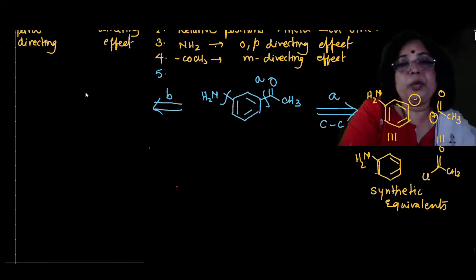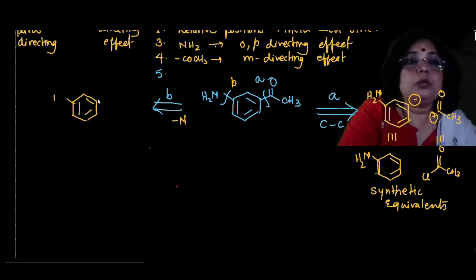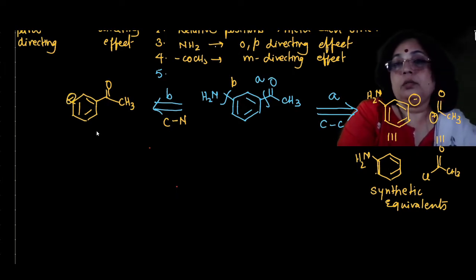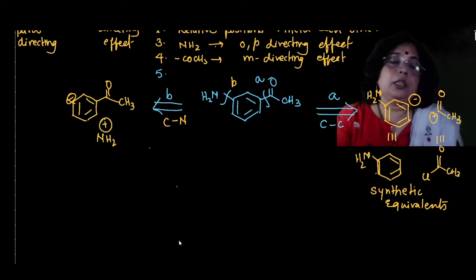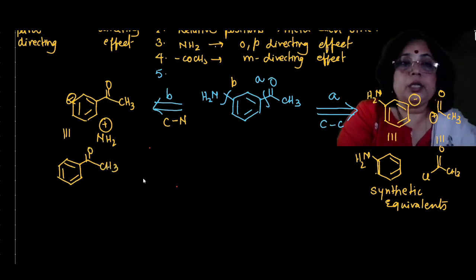And what about the B path? This is the B approach. Here there will be a CH3. This is a C-N disconnection, and the negative charge will stay at the aromatic ring, and the other synthon is NH2. So what are the synthetic equivalents? The synthetic equivalent is a simple acetophenone, which is easily available. And what about this NH2?